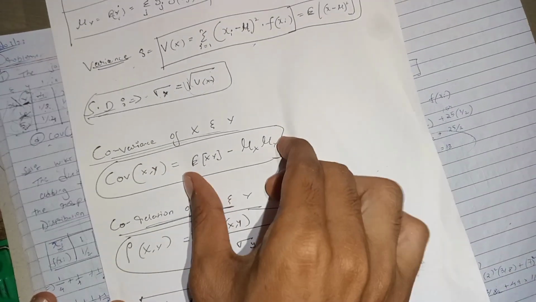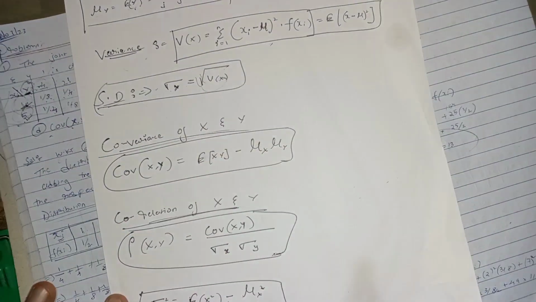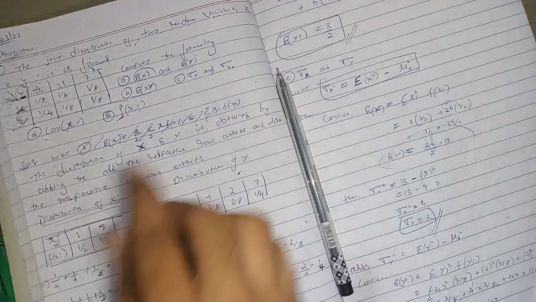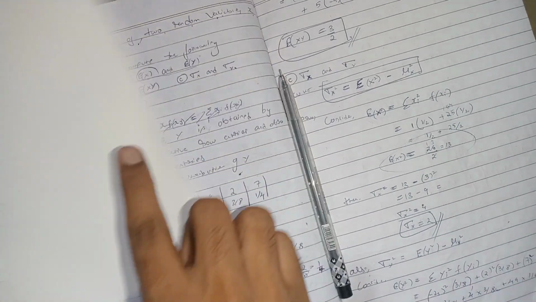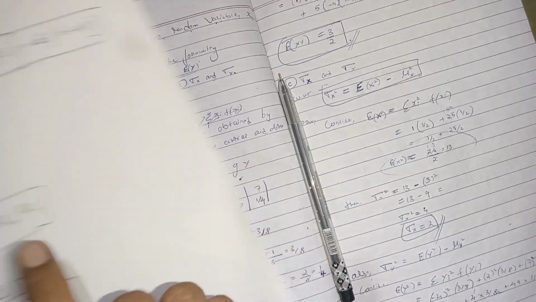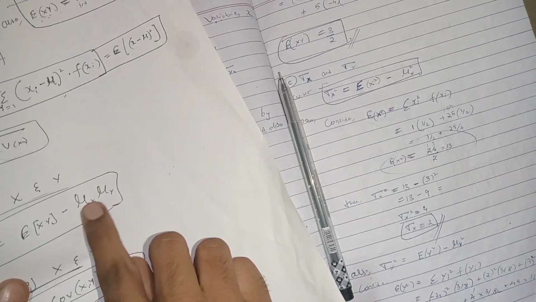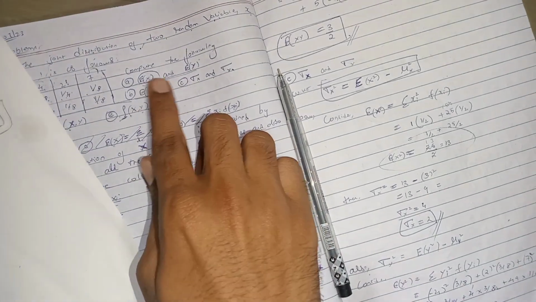All these values we have already calculated in our previous conditions. E of XY we have already solved, and mu X and mu Y, which are E of X and E of Y, we have also solved.